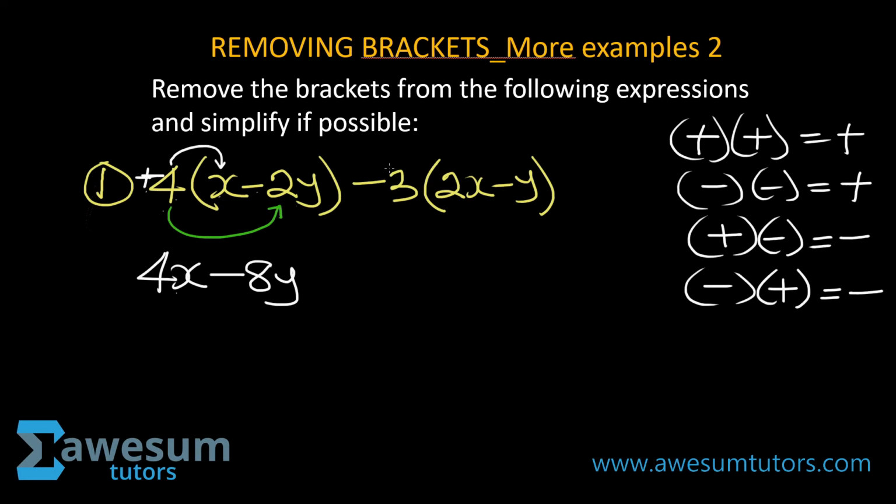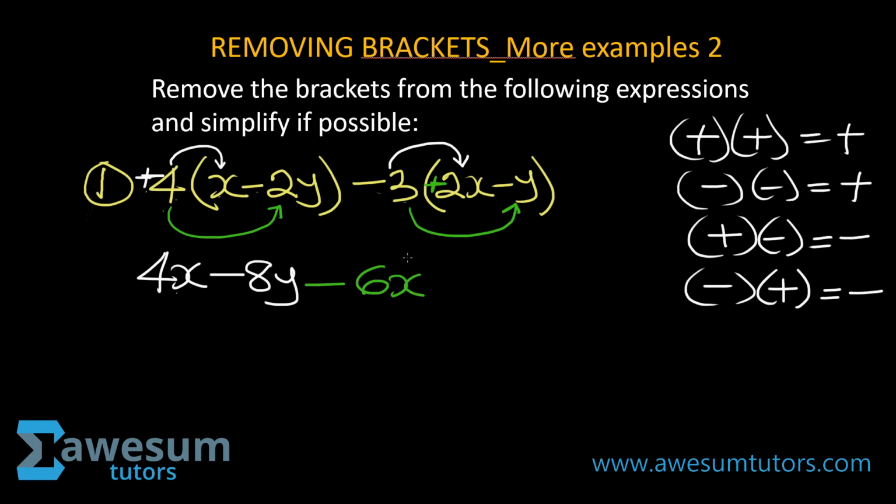Now what about this? Remember, negative 3 is going to multiply 2x, and also it is going to multiply negative y. Now let us take a look. Negative 3 times 2x is going to give you negative 6x, because this is a positive 2x, so negative times positive is going to give you negative. 3 times 2x gives you 6x.